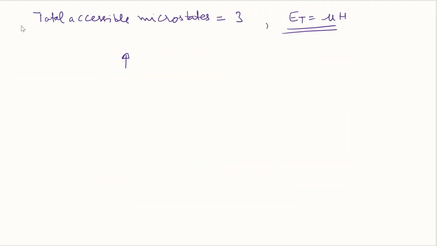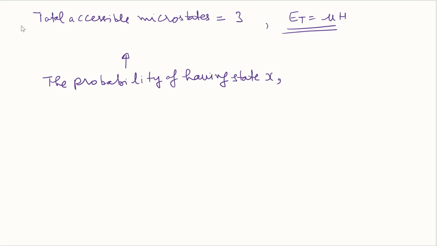So that is our first answer. The probability of having state x. State x is defined in the statement of the problem. It's the one where the first spin is pointing in the upper direction.